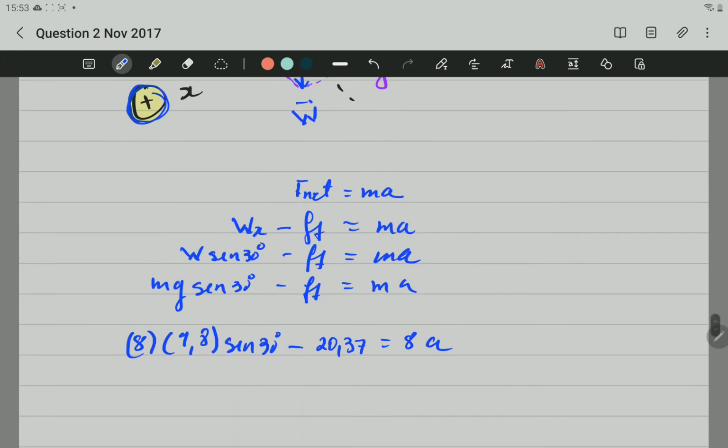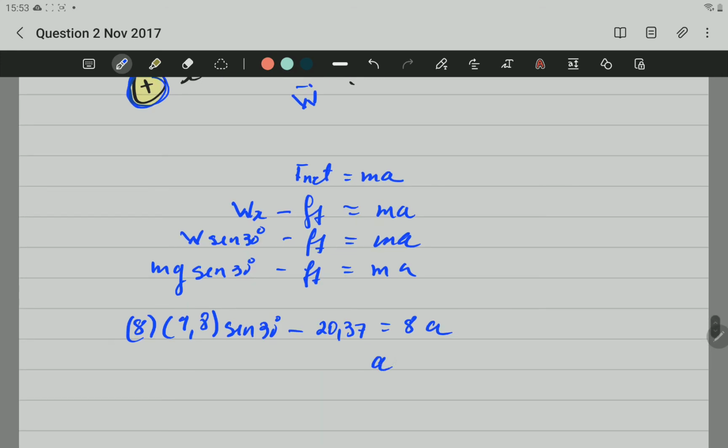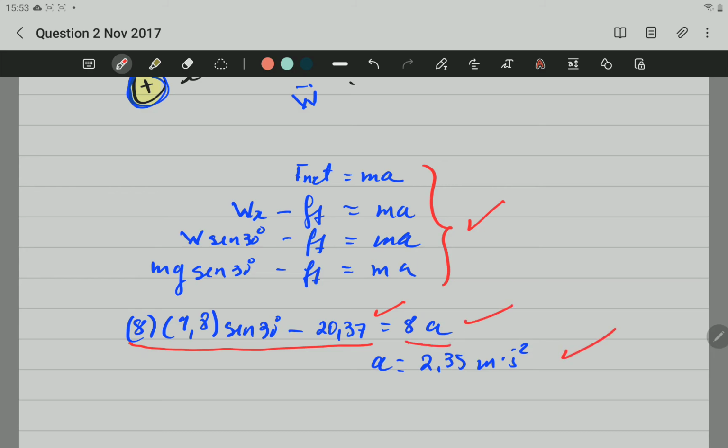So the final answer for the acceleration is going to be equal to 2,35 meters per second square. If you mark your work, any of these formulas there will give you 1 mark, any of them. The other mark is for the whole substitution on the left hand side, 1 for the right hand side, and the final mark, and this gives you 4 marks.